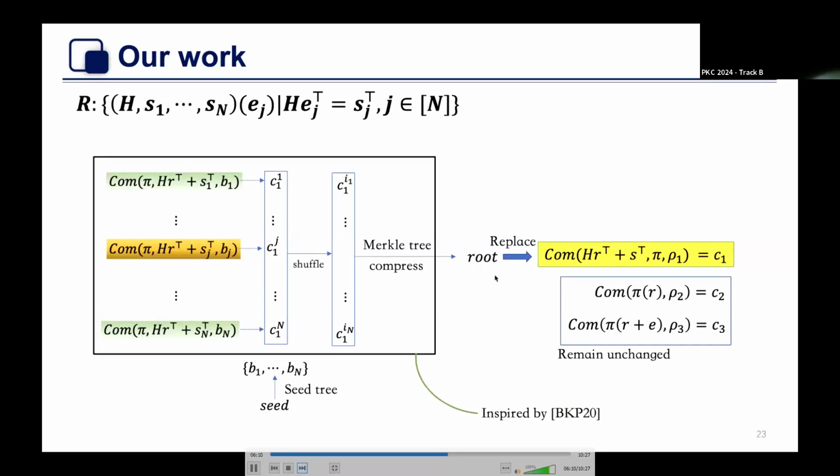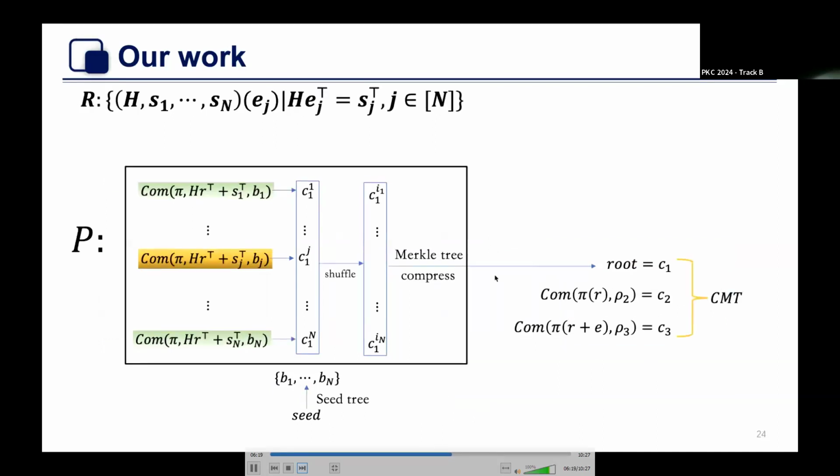This is inspired by the paper BKP 20. The verifier returns a ternary challenge. If it returns 1, then the prover opens C2 and C3 by sending pi, r as E, row 2 and row 3.